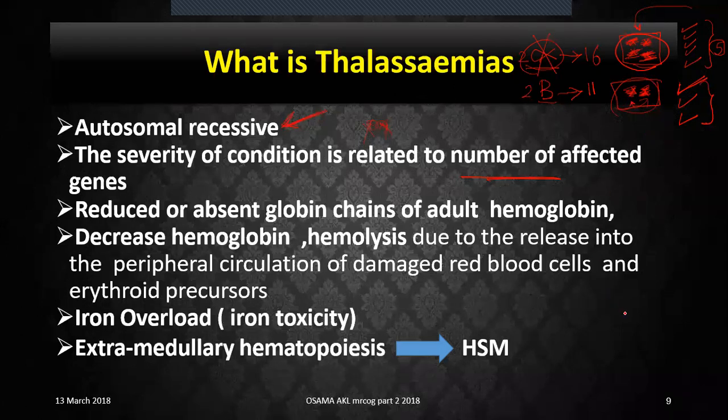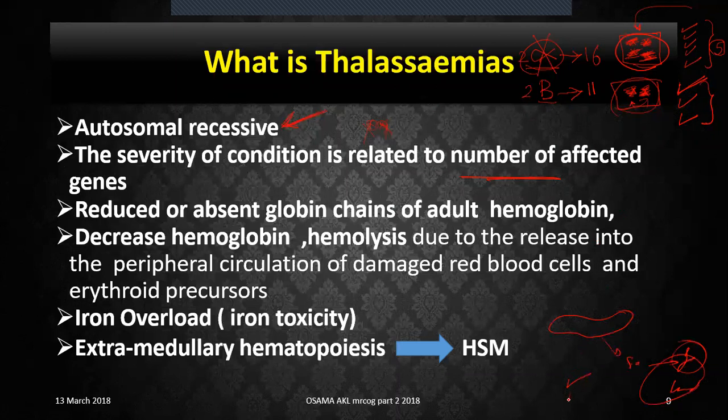These destructed RBCs contain iron. So after destruction, their iron will lead to iron overload. So this iron will be precipitated in all body organs: in the brain, hypothalamus, pituitary, thyroid, pancreas. So we will find affection of pituitary glands.